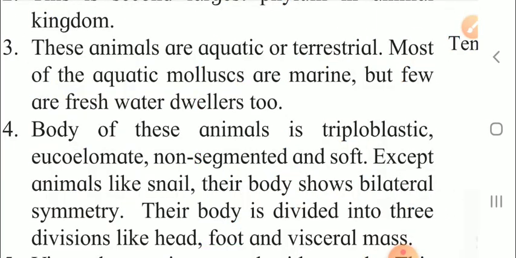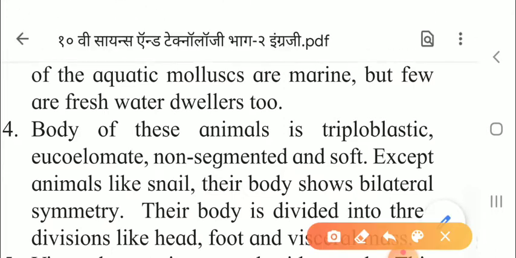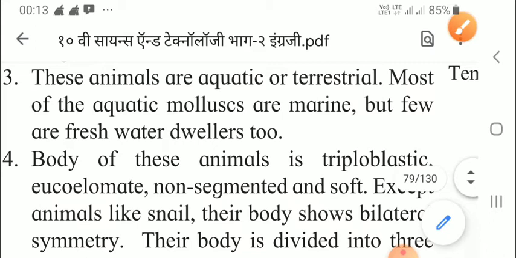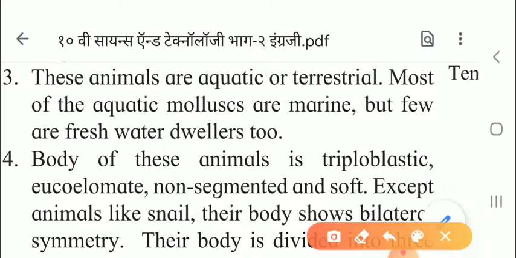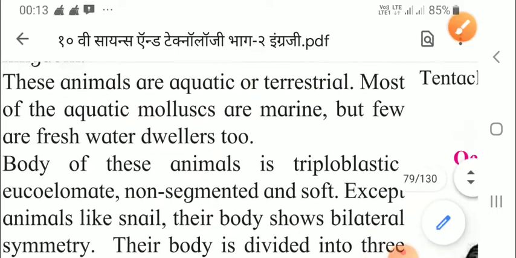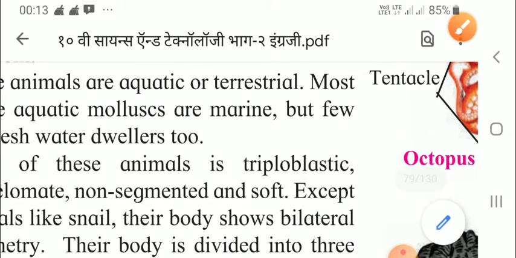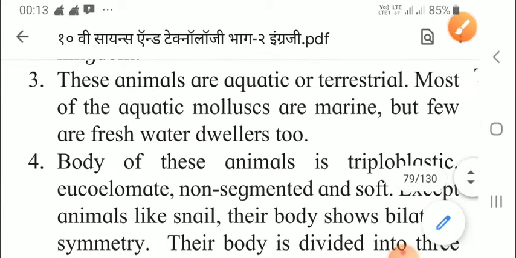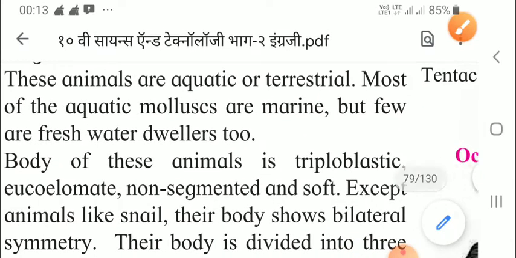That these animals are terrestrial. Terrestrial means? What is the meaning of terrestrial, children? Terrestrial means living on the land. So this point you have to underline. Sometimes they are aquatic. Aquatic means they are present in the water. Now, most tentacles, we can see that of aquatic mollusks.